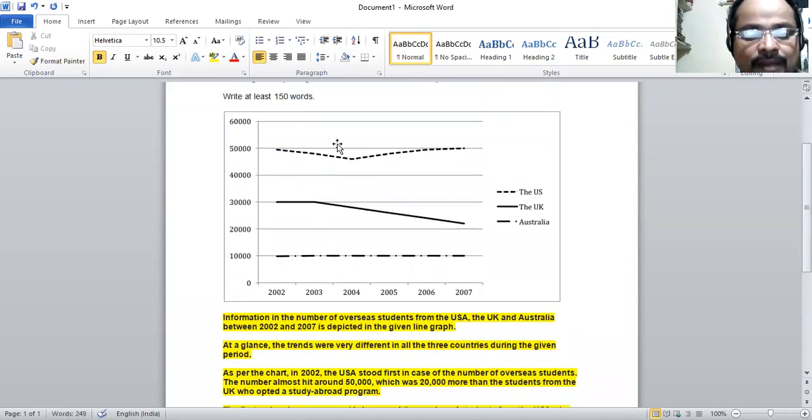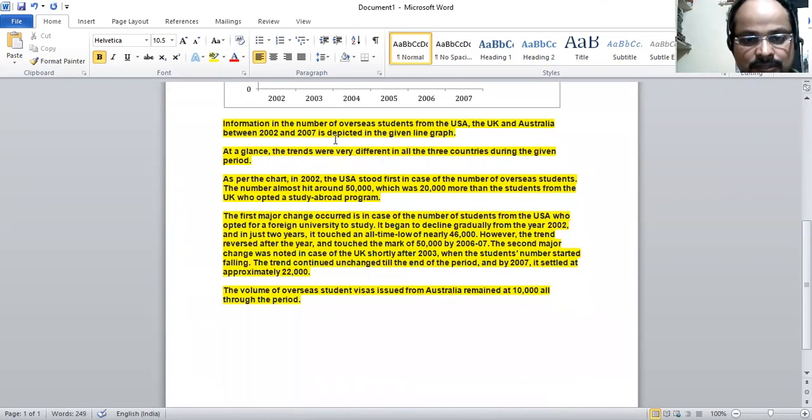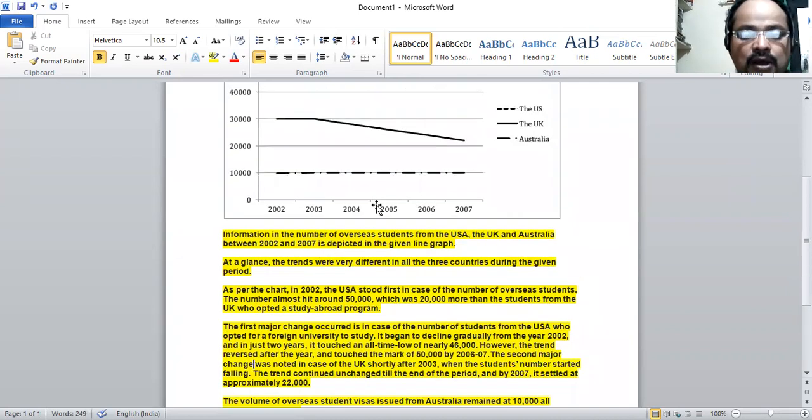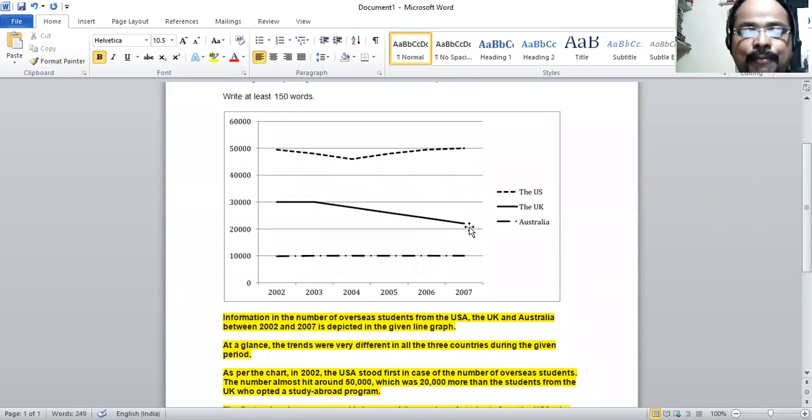So you can say from 2003, the number of students from the UK who opted for foreign universities started falling. The trend continued unchanged till the end of the period. It kept falling and falling, and by 2007, it settled at approximately 22,000.